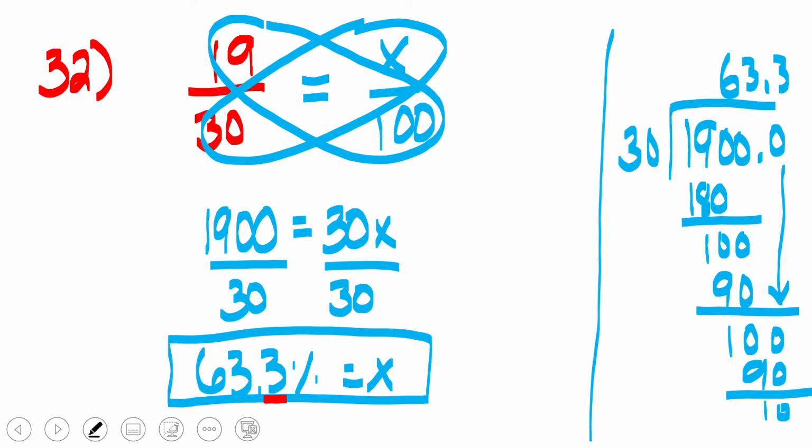That's what we're trying to find, our mystery number, x. Cross multiply to get there. Divide, finding your decimal to the nearest tenth of a percent, and switch to percentage.